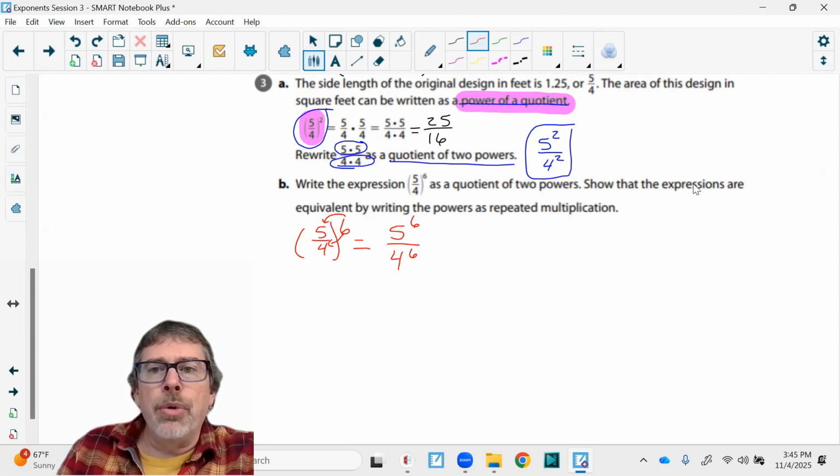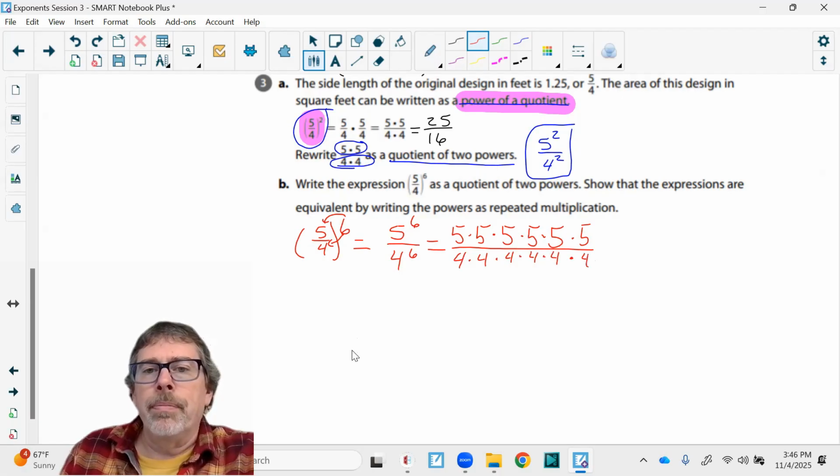But then it says, show that the expressions are equivalent by writing the powers as a repeated multiplication. So 5 to the 6th power is 5 times 5 times 5 times 5 times 5 times 5, 1, 2, 3, 4, 5, 6, over 4 times 4 times 4 times 4 times 4 times 4.